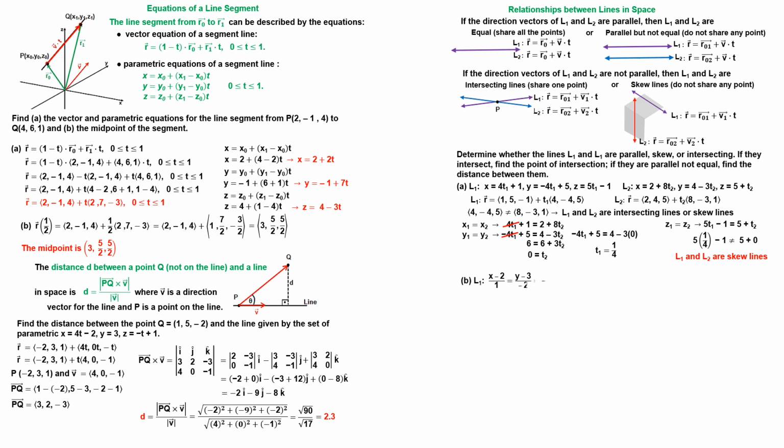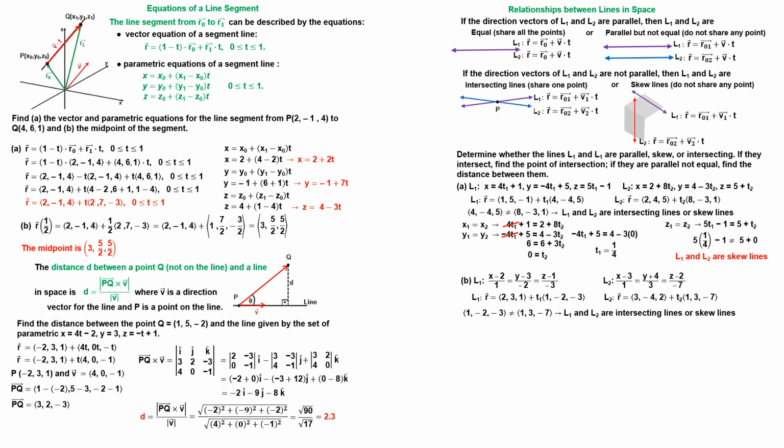We begin to solve this example in the same way as the previous example. From the symmetric equations, we obtain the vector equations of the straight lines. We observe that these vectors are not parallel, since neither is a scalar multiple of the other. So the lines are either intersecting or skew.